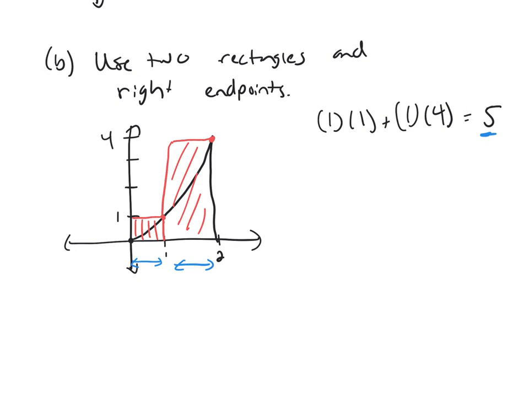So I'll say that this right here is an overestimate of the area under the curve. Why is this an overestimate? If you look in here, this region right here is not under the curve, and this region right here in blue is not under the curve. And so we've kind of counted too much area now.